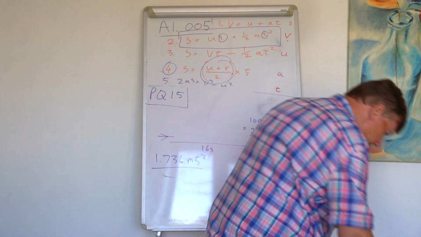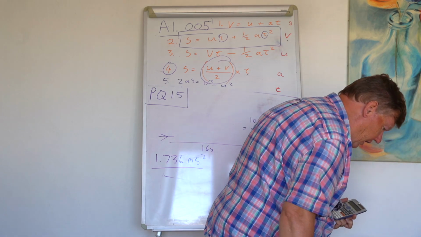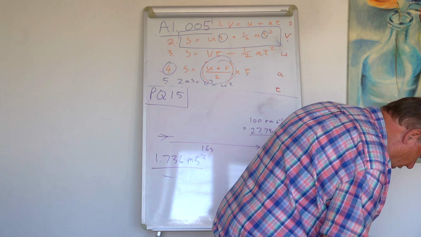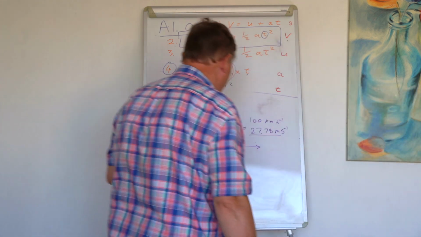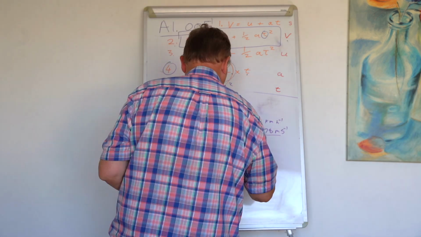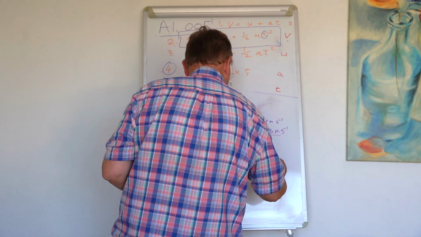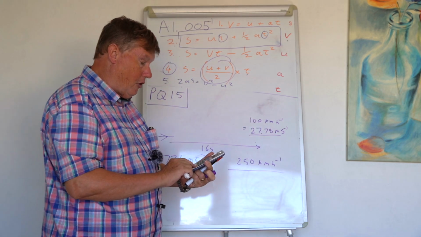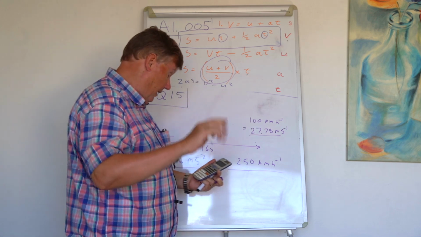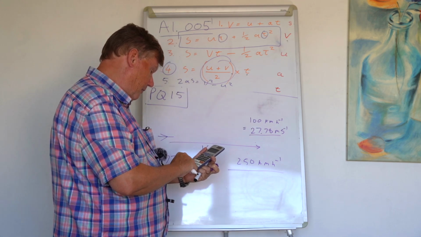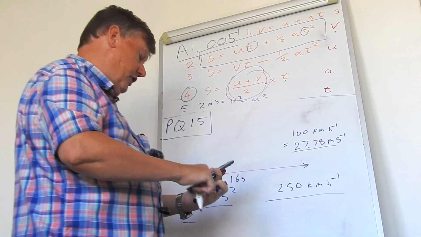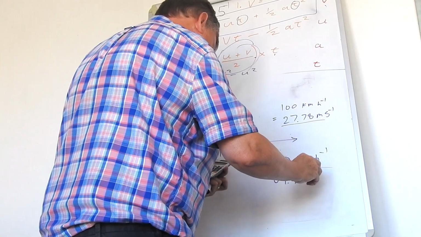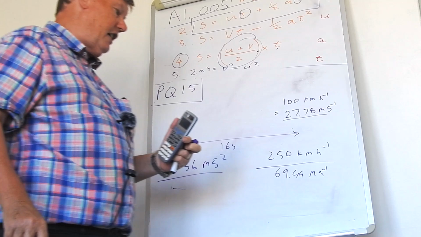We are then asked for part B. We are told to take off, the aircraft must achieve a speed of 250 kilometers per hour. I really don't know why they're wasting our time with kilometers per hour, because I'm pretty sure they don't do that in the questions. But anyway, so 250 divided by 3.6, so we're looking at 69.44 meters per second needed for takeoff.